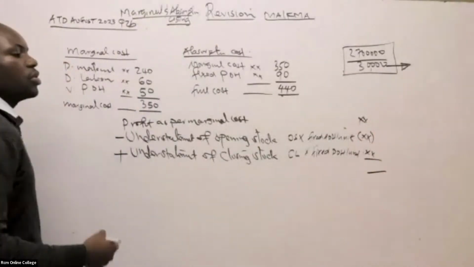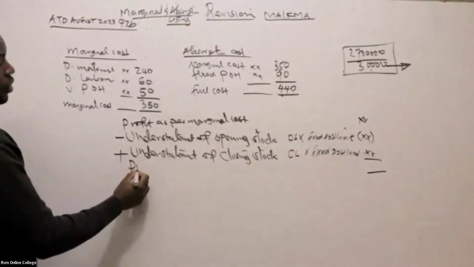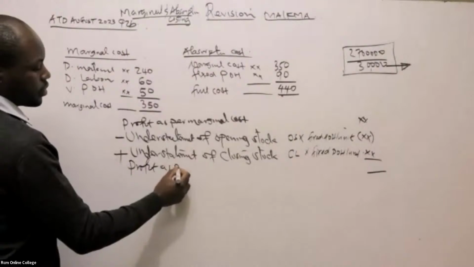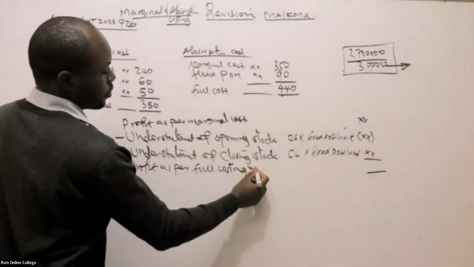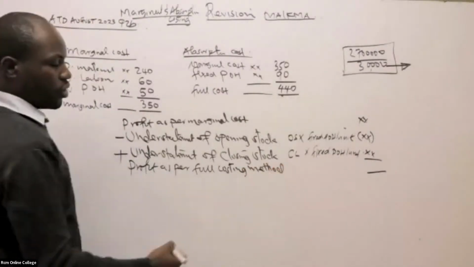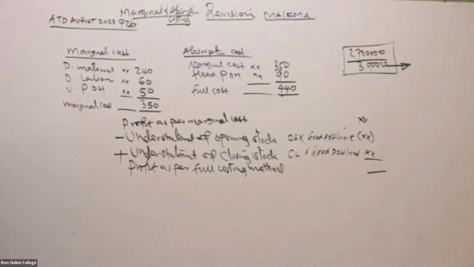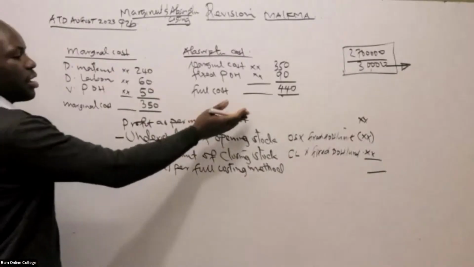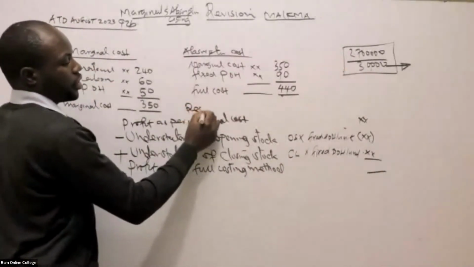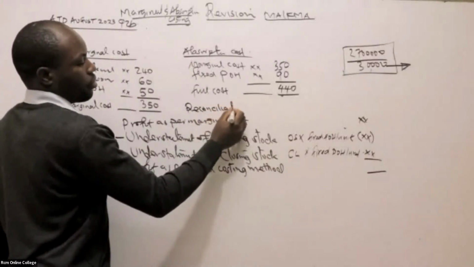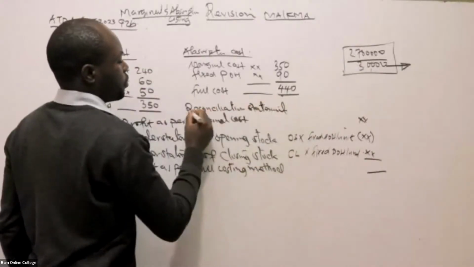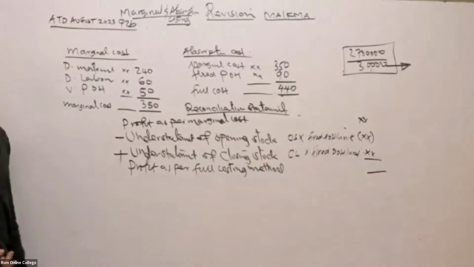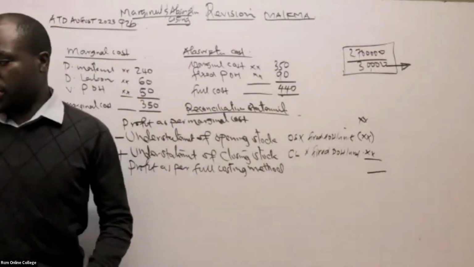Once you adjust that, whatever you get will be your profit as per full costing method, which is the absorption costing method. If you prepare something of this kind, we call it a reconciliation statement. You are trying to reconcile the cause of difference between net profit as per marginal costing and the profit as per full costing.